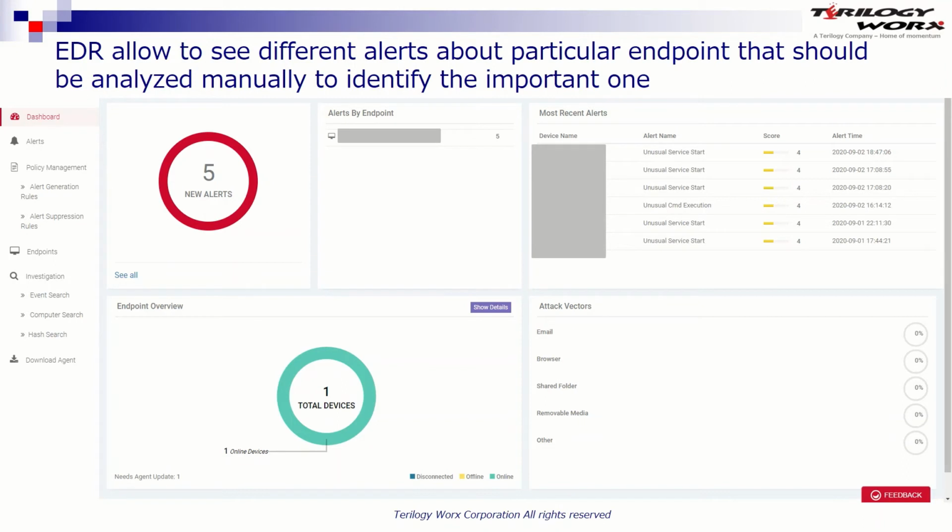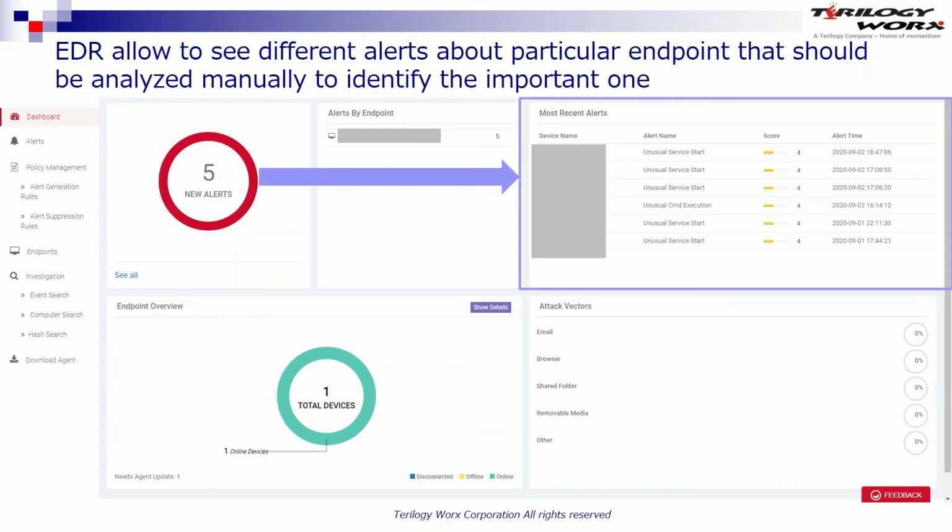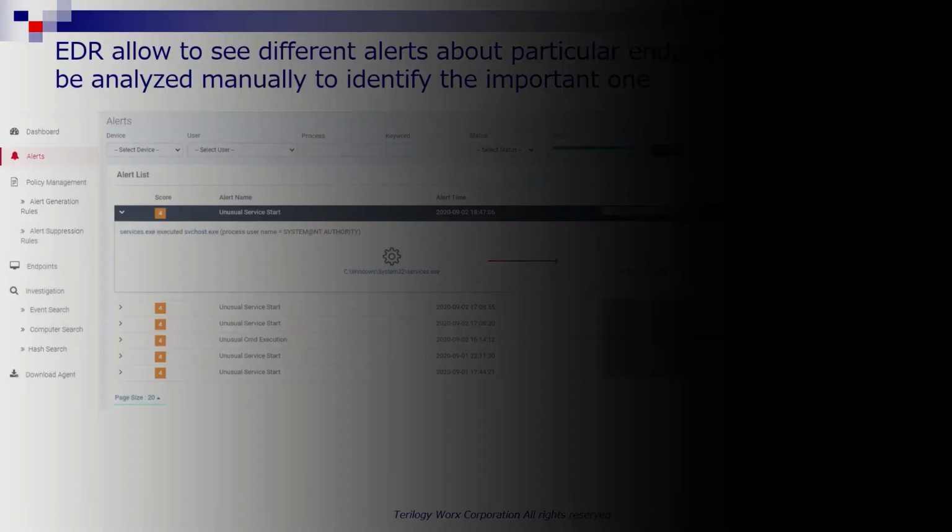We can use EDR solutions to try to identify malware. However, even one device generates a big amount of alerts with confusing alert names that make analysis a more challenging task than expected. Whether they are high level or not, in most cases you need to check alerts manually to understand if they are important or not.